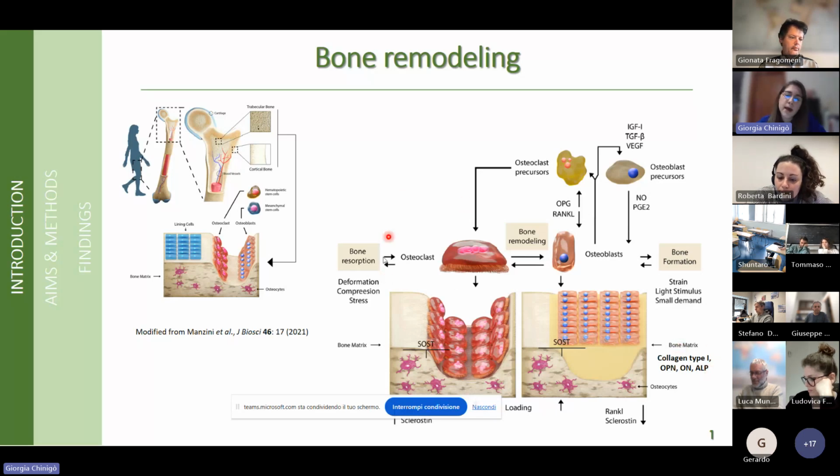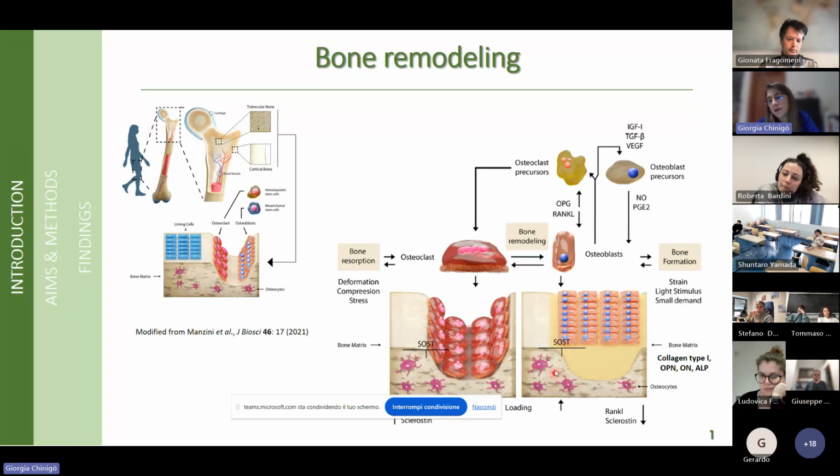On the other side, we have osteoclasts that are responsible for bone resorption, a process in which osteoclasts secrete enzymes that are able to digest the old bone matrix and aged cells. In the middle, we have osteocytes that are fully differentiated osteoblasts responsible for the mechanosensitivity and mechanotransduction.